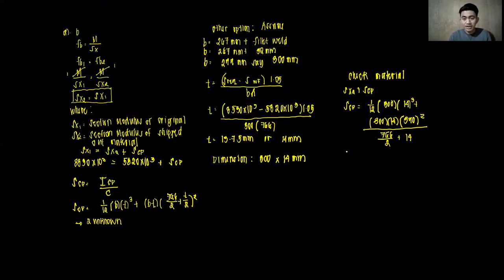So the section modulus of our cover plate is equal to 1 all over 12 times 300 times 14 raised to 3, plus 300 times 14 times 390 squared, divided by 766 all over 2 plus 14.